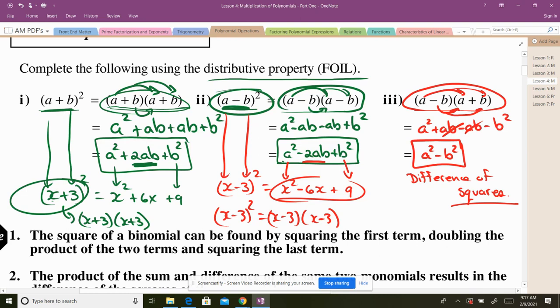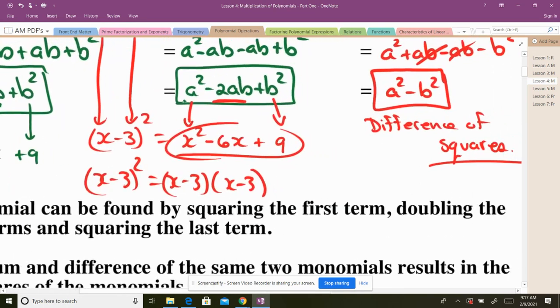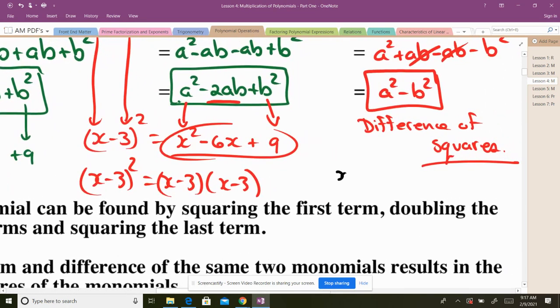So what it means is if you have anything like x plus 1, x minus 1, the brackets are the same. Everything that's in the brackets is the same except one is an addition, one is a subtraction.